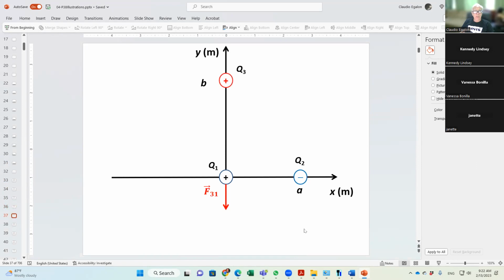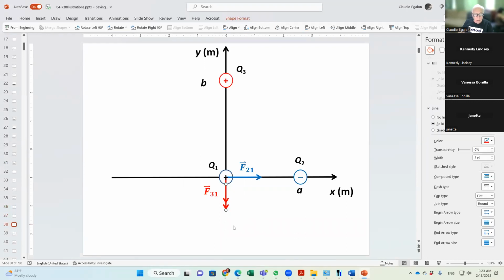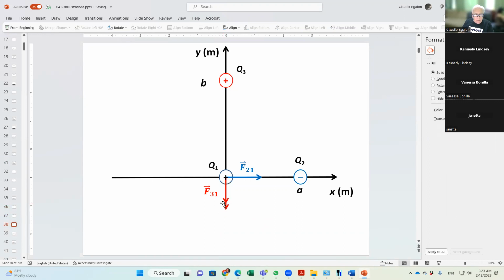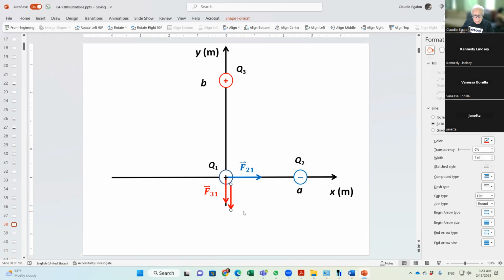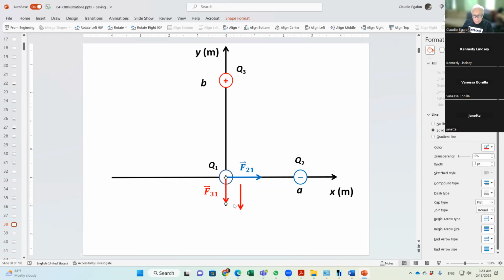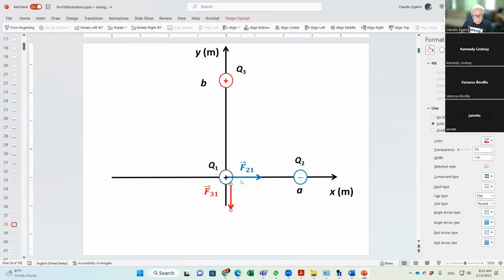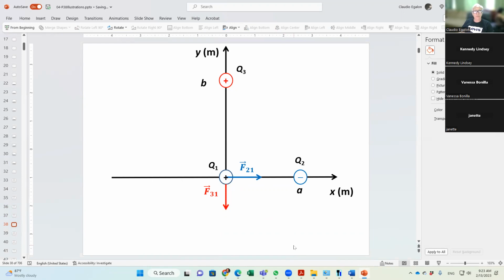Okay, so here you go. Charge 3 is going to apply a repulsive force on charge 1, which is going to be along the minus y hat direction. Charge 2 will have an attractive force.